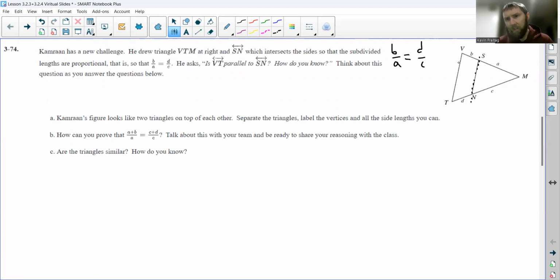He asked us this question: is line VT, which is that side of his triangle, parallel to side SN? How do you know? The answer to that question is certainly yes, it is. That's another theorem that we essentially will be proving here, okay?